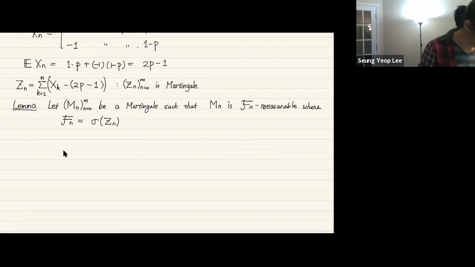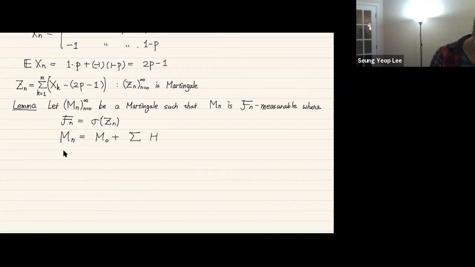Okay, if such a thing happens, then it turns out that Mn is equal to M0 plus a martingale transform of Z. So what is the martingale transform? There exists a certain predictable sequence.